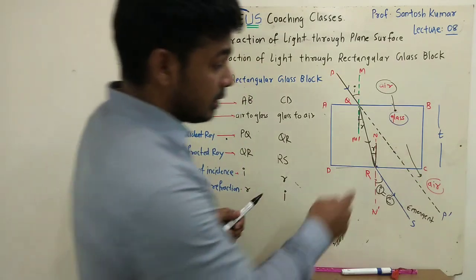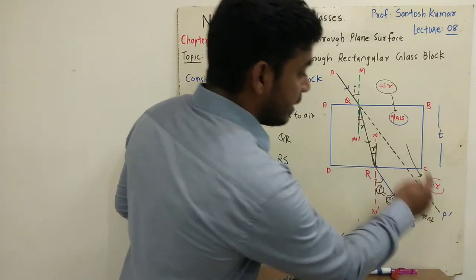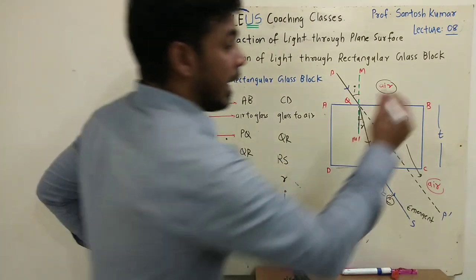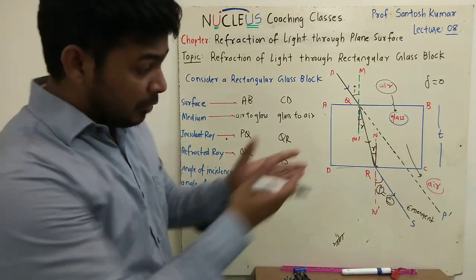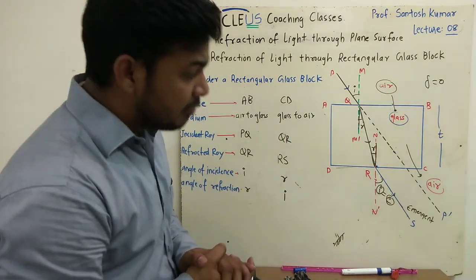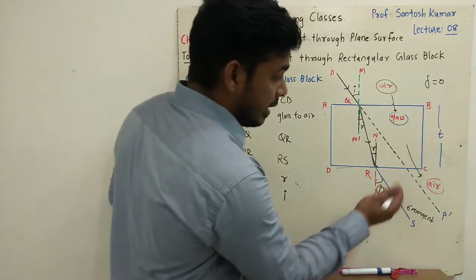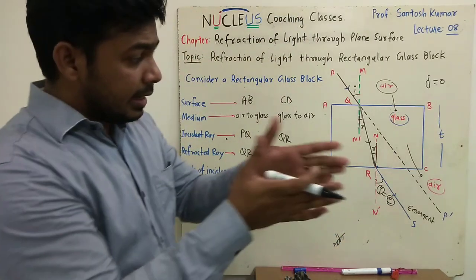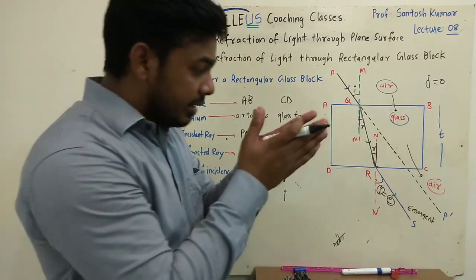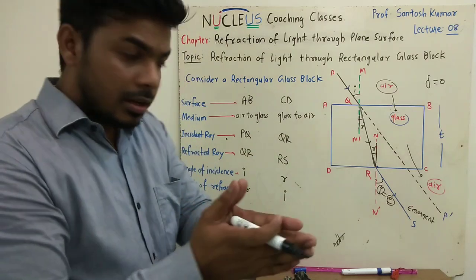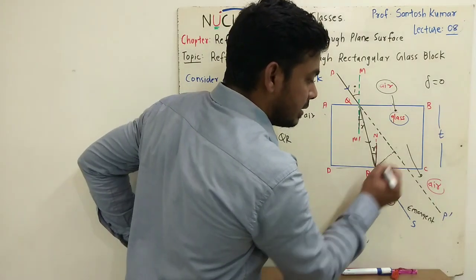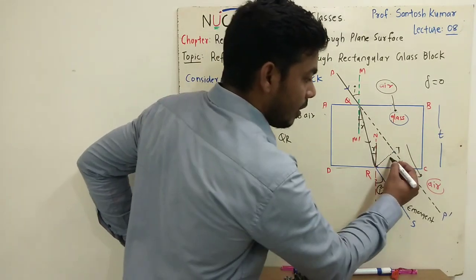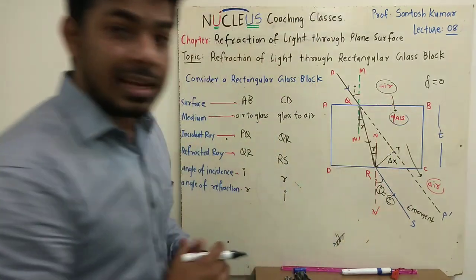We can see the direction of the emergent ray and the incident ray are same, so the angle of deviation in this case will be 0. But we can also see in the figure that the emergent ray gets shifted laterally. So this perpendicular distance I am considering, RT, is denoted by delta x.